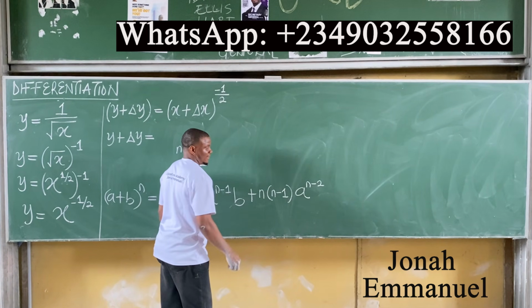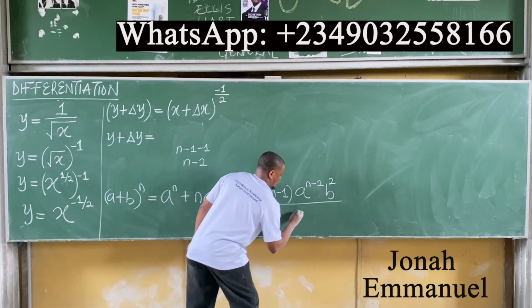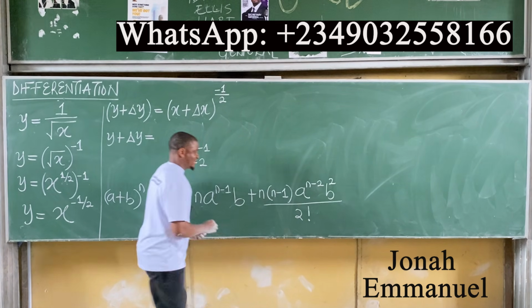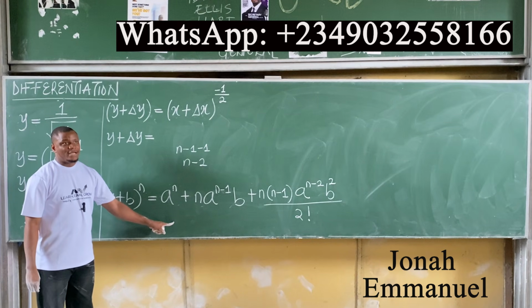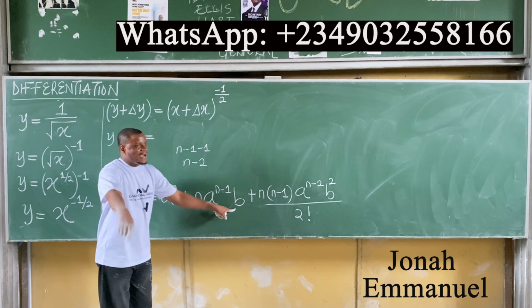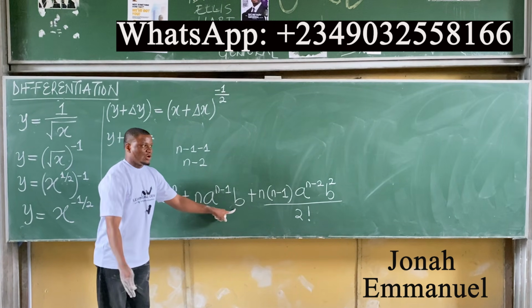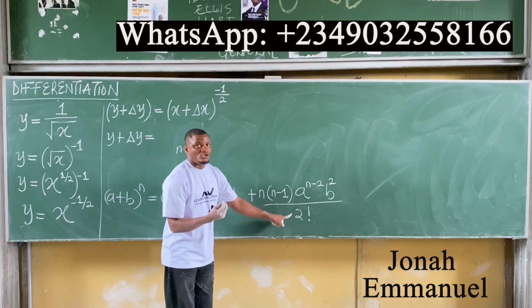The power of B here is B squared, all over 2 factorial. Now listen. This one here was all over 0 factorial. 0 factorial is 1. This one here was all over 1 factorial. 1 factorial is 1. I did not bother. This one here is 2 factorial. It has a value. So I bothered.